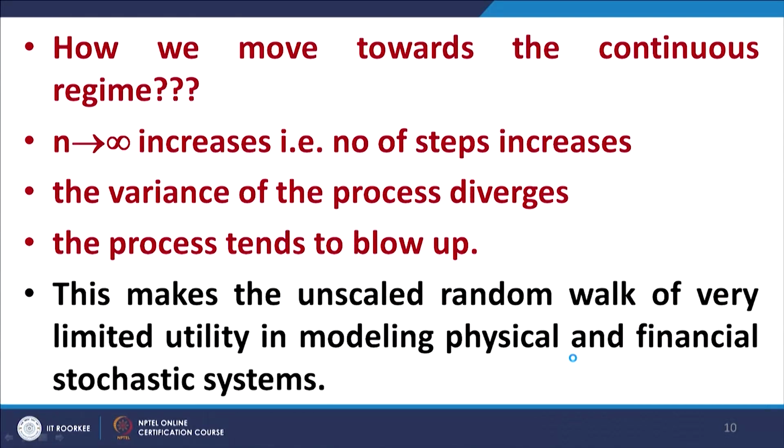We implement it by taking the n tending to infinity limit. As n tends to infinity, the number of steps increases. What happens to the variance? Clearly, the variance also increases. Greater the number of steps, greater the variance, and as you approach infinity, the variance also becomes unbounded. The process diverges.